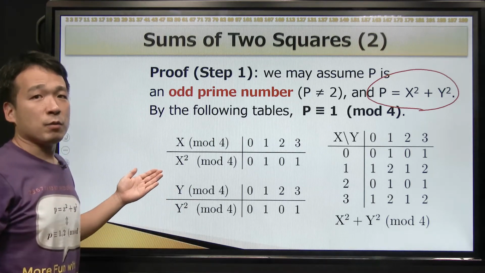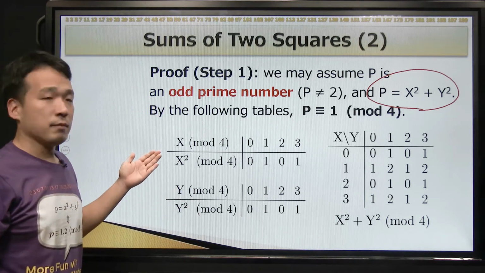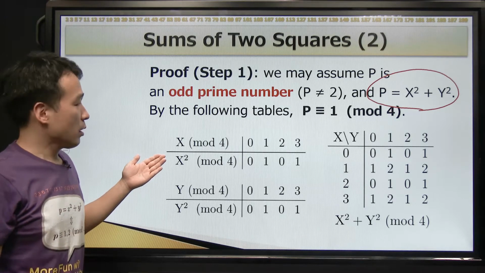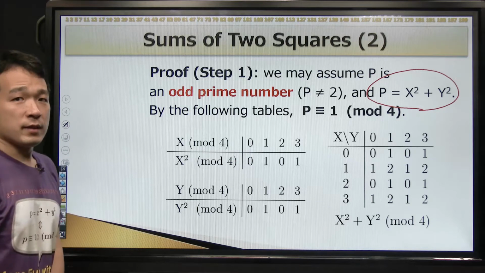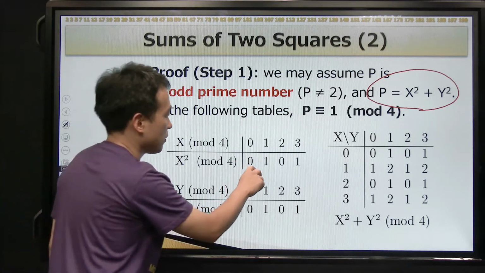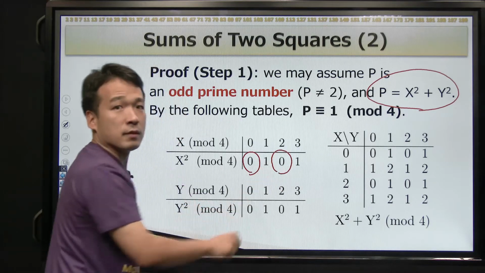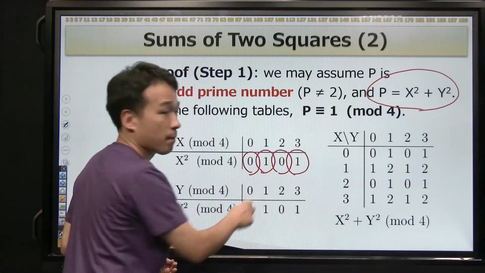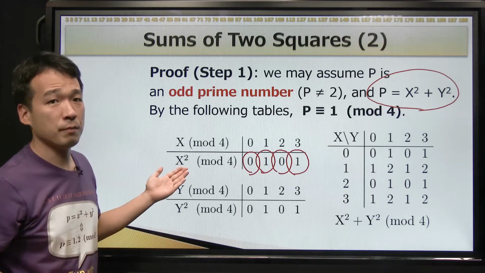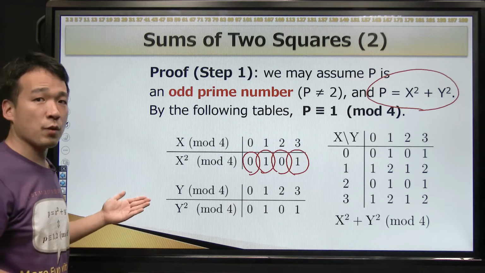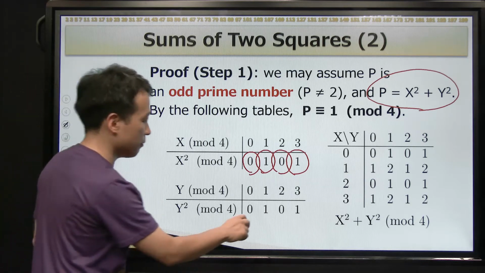Here is a table of the square of x modulo 4. You can confirm that the square of x is congruent to 0 or 1 modulo 4. The same is true for the square of y modulo 4.